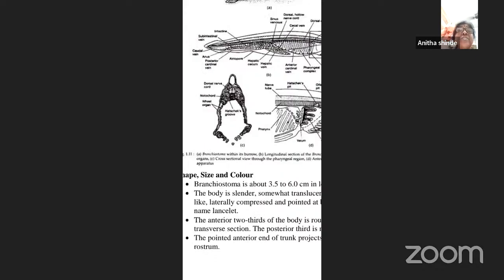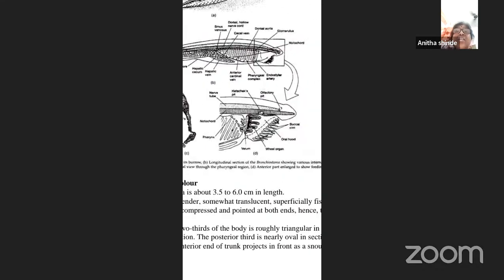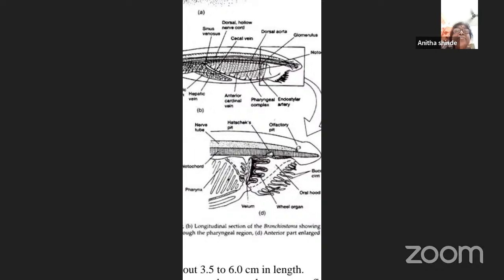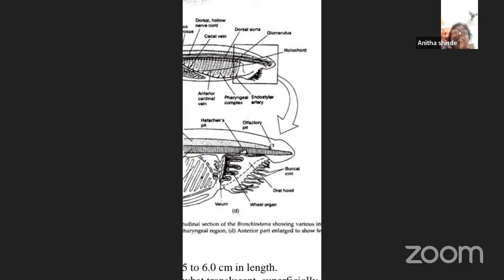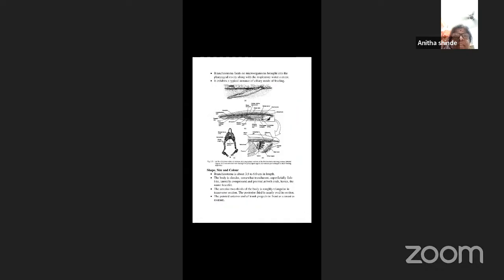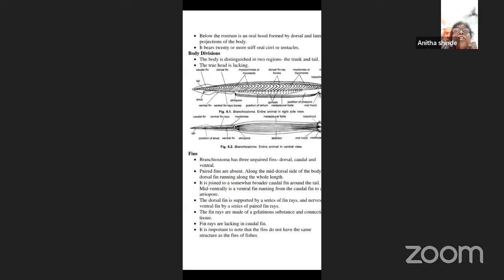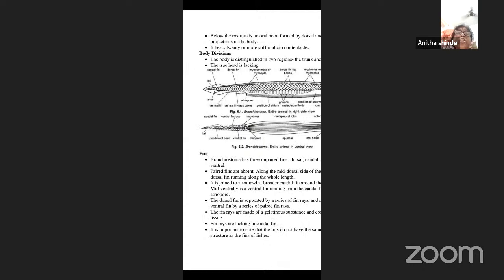See here, this is the anterior region, so it is called the rostrum. Below the rostrum, you have an oral hood, which is formed by the dorsal and lateral projections of the body.